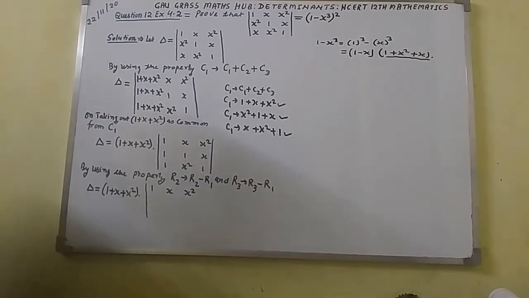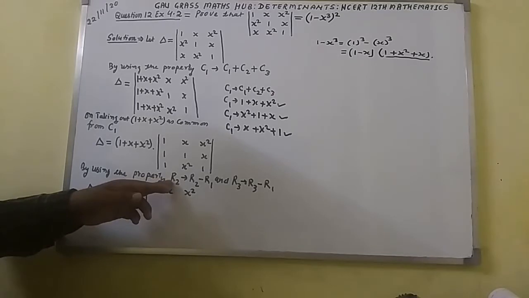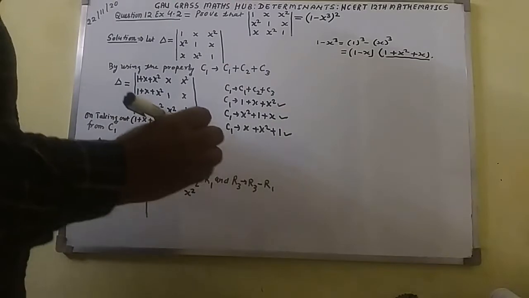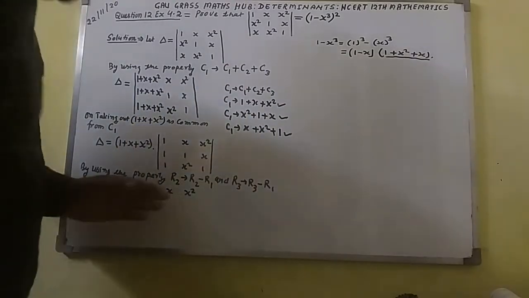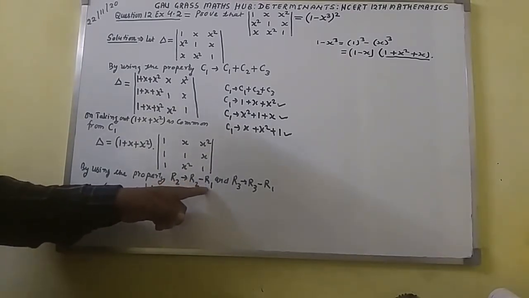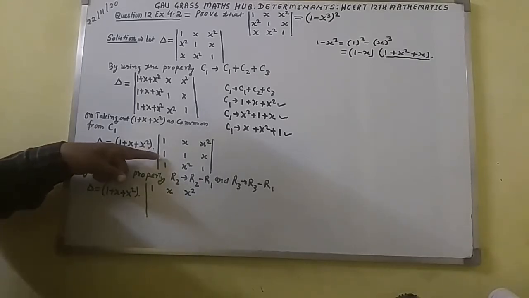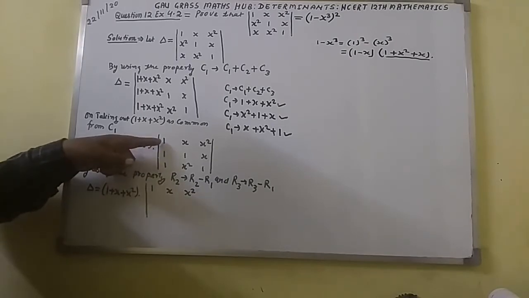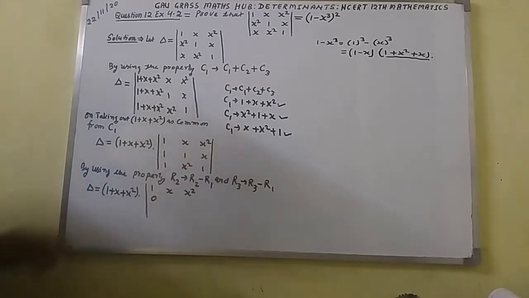What changes will occur in the second row? Here it says R2 goes to R2 minus R1. If I take the element of R2 as 1 minus the corresponding element of R1, which is 1, 1 minus 1 comes out to 0.